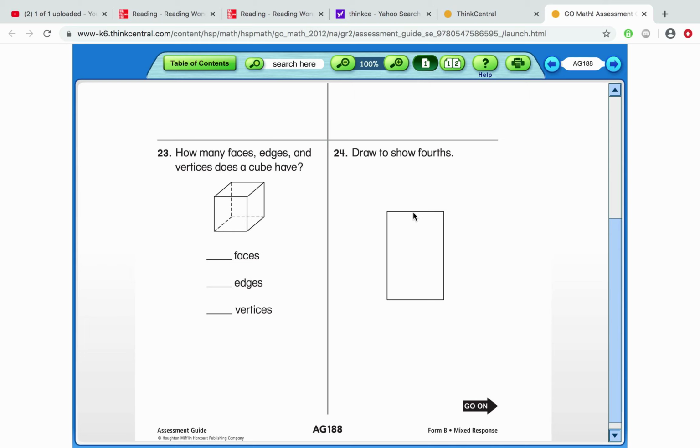All right, friends, you can go cross, top to bottom, side to side, and then you'll have 4 little squares that way. You can do 3 horizontal lines, and those would be 4 equal parts, or 3 up and down vertical lines, which would leave you with fourths as well. Okay?